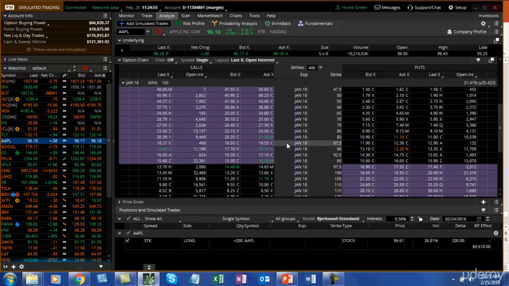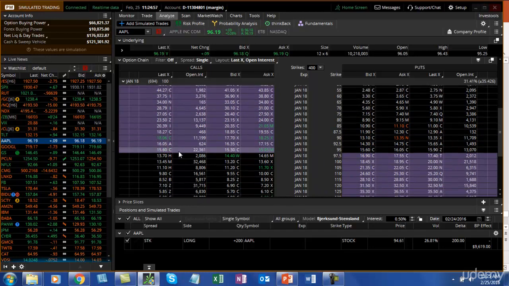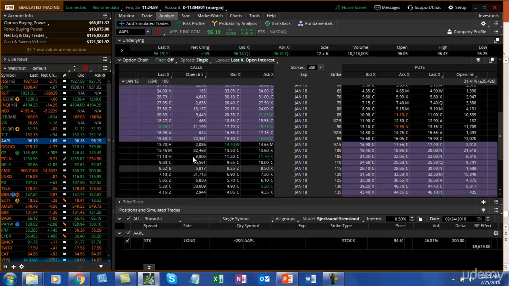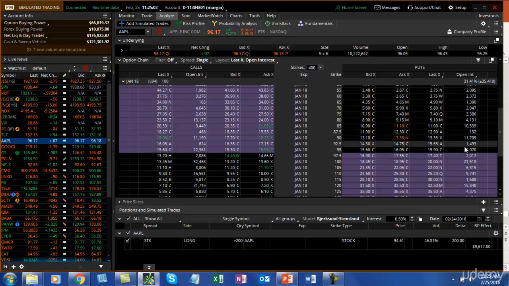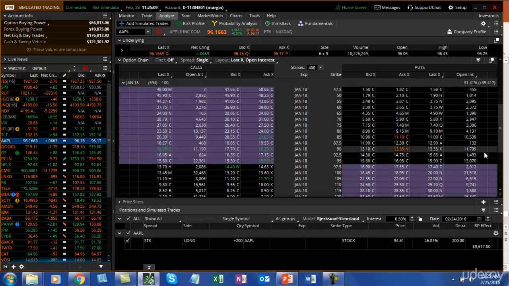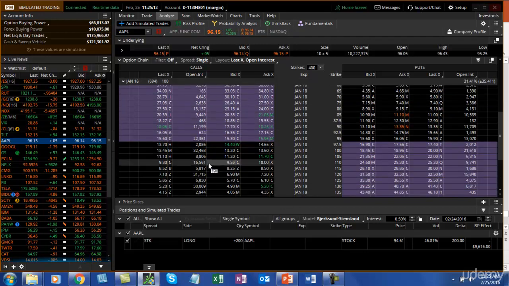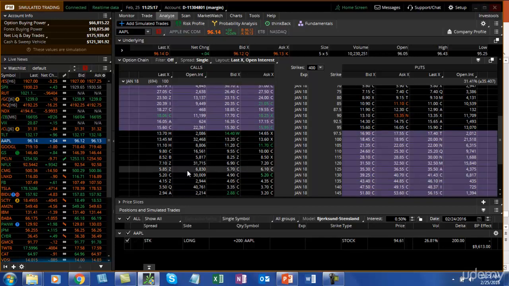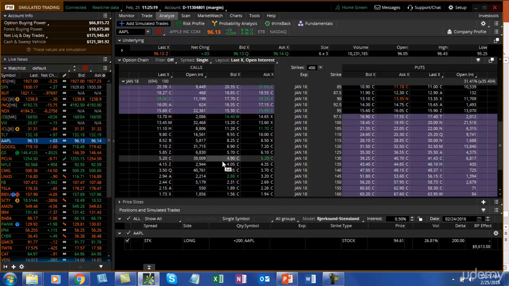Clearly the calls are much more in open interest than the puts. On the put side, basically just one or two in the 10s and 11 and 13, but everything else is in the lower thousands. Whereas on the call side, you have 32,000, 16,000, 31,000, 30,000, 40,000, and so on and so forth.